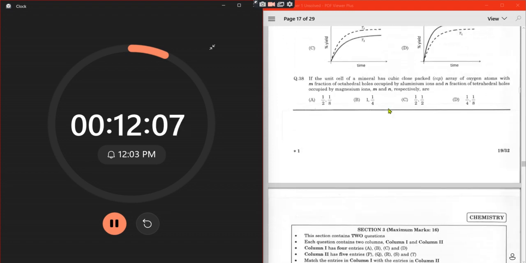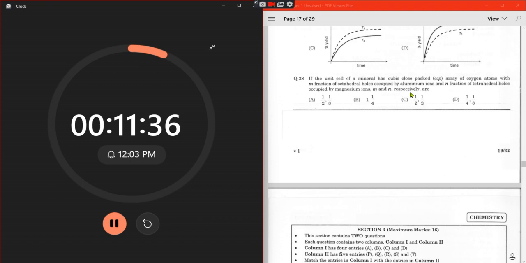If the unit cell of mineral has cubic close packing array of oxygen atoms with m fraction of octahedral voids occupied by aluminium ions and n fraction of tetrahedral voids. हाँ, अच्छा ऑक्सीजन एटम्स की CCP है, क्यूबिक क्लोज पैकिंग. ओके, FCC बेसिकली ऐसा बोल रहे हो. With m fraction of octahedral, aluminium and magnesium, m and n respectively are mineral you are saying.